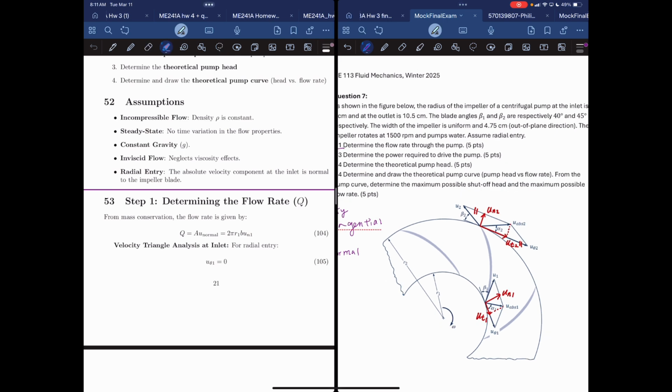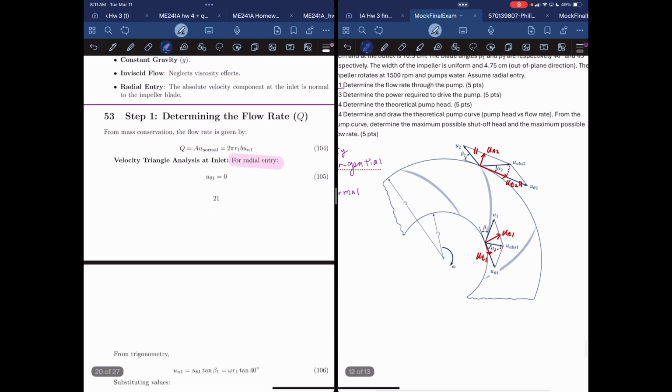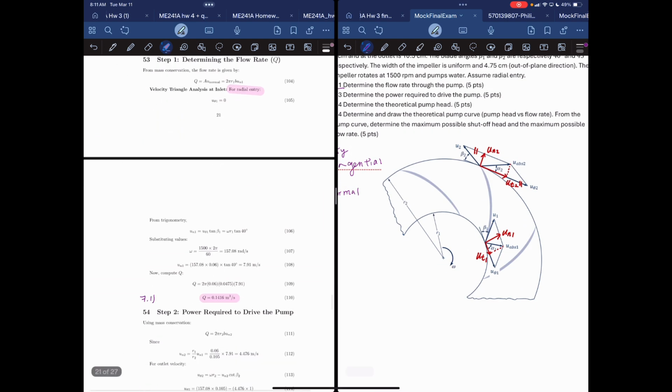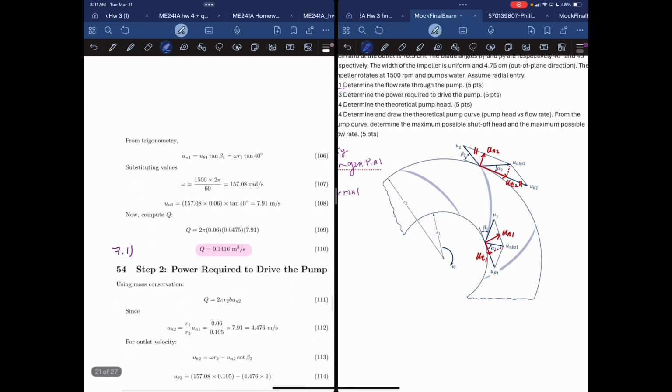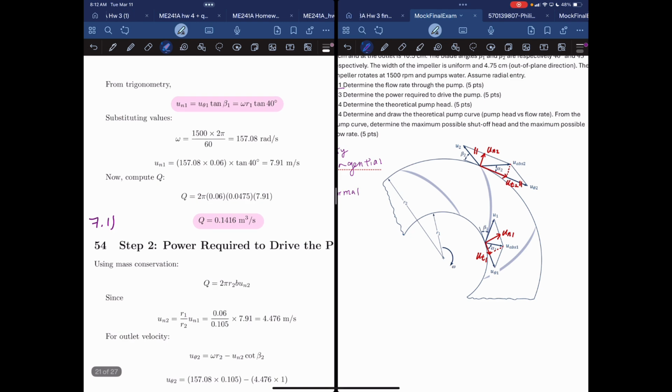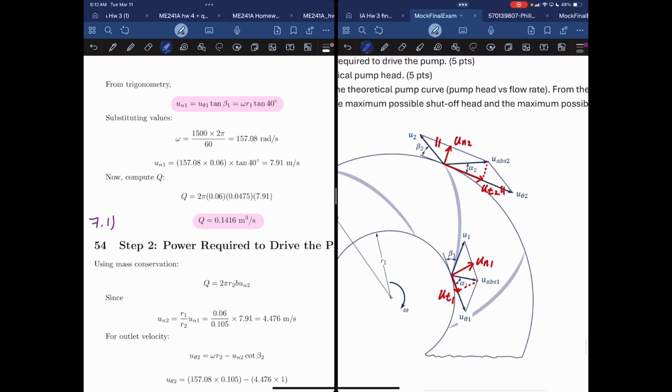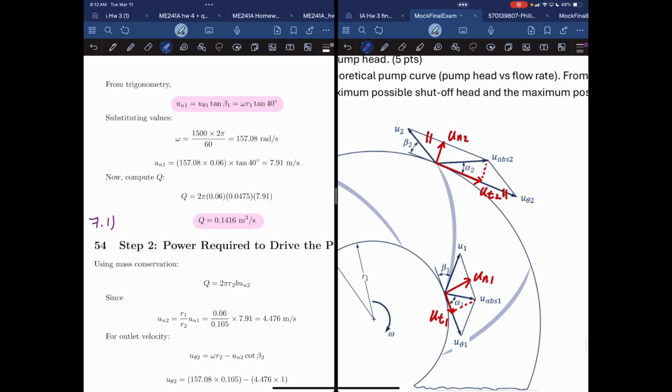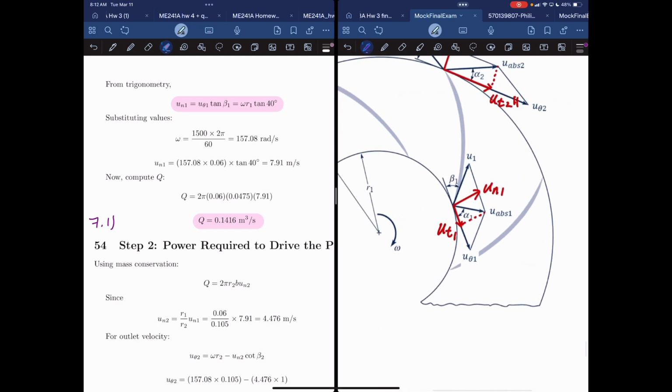So we're using the normal, but that's also equal to the tangent. So it depends how you view the triangle, because it's kind of lopsided, and there's another one here.